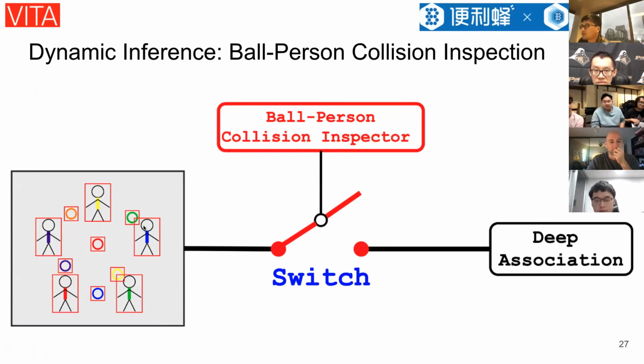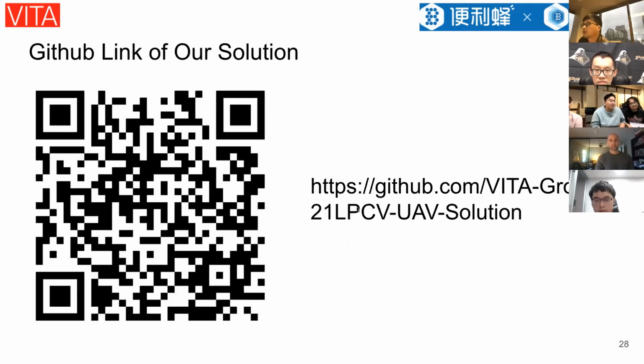If there's no such collision for any of the ball-person pairs, we don't need to run the deep association. It's just energy waste, so we lift up the switch. But if there is a collision, we turn the switch on.